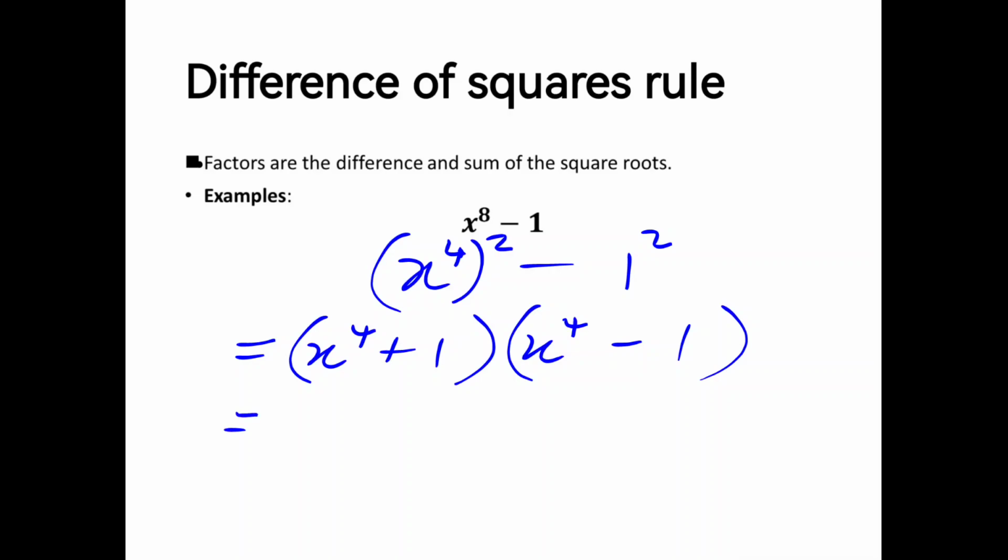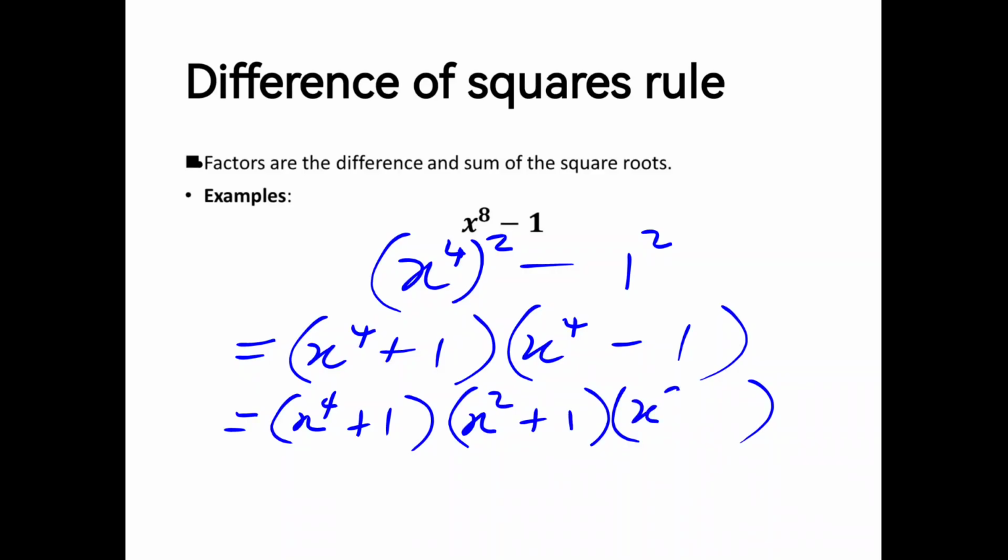Then we can go further and say this x to the power 4 minus 1 is also a difference of squares. So we can go down and say x to the power 4 plus 1, and then place 2 brackets for the difference of squares. It's x to the power 2 plus 1, x to the power 2 minus 1.